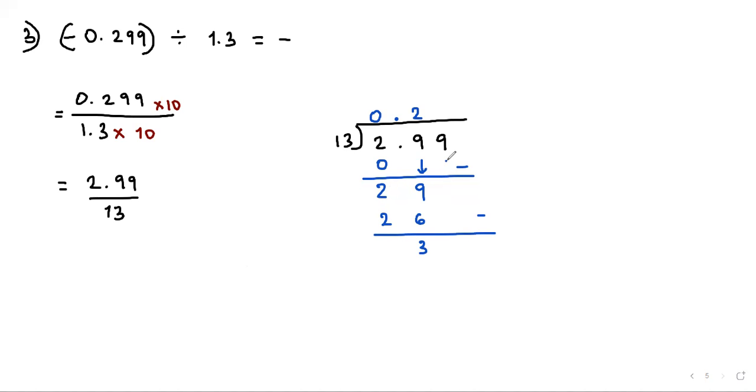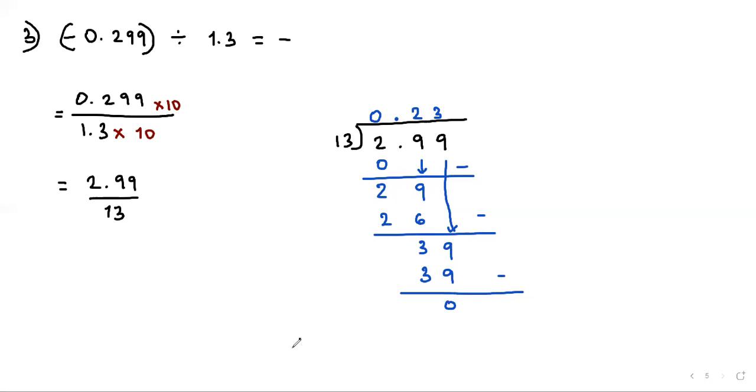So we bring 9 down. Now we have got 39. What is 39 divided by 13? 3. Very good. And what is 3 times 13? 39. That's correct. Now subtract 39 from 39. What do you get? 0. So that means that we have finished.